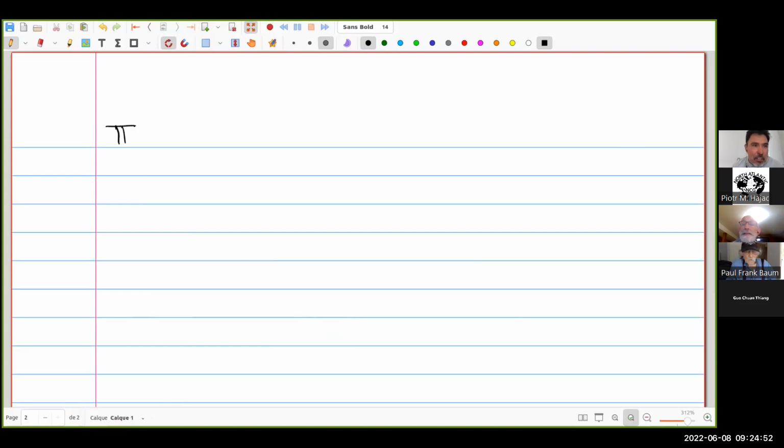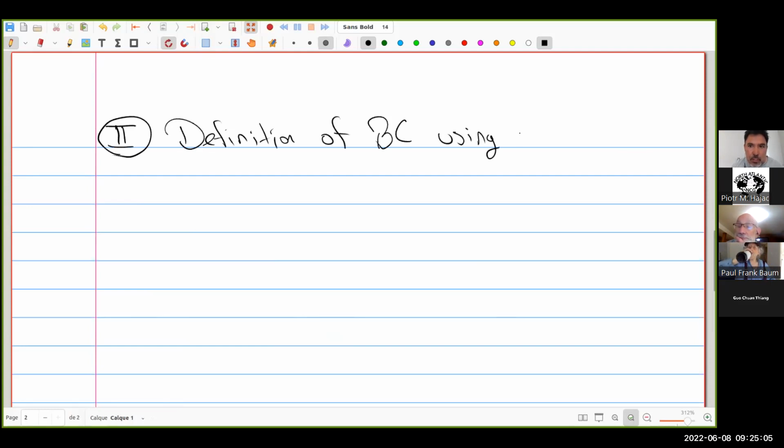So the second point will be the definition of the BC map using groupoids, using deformation groupoids. I want to really stress the point that even if I'm going to tell you how to define the Baum-Connes assembly map for discrete groups, even there it can be interesting to use groupoids, as I will try to convince you by giving you an explicit formula for the pairing of the left-hand side with cyclic cohomology.